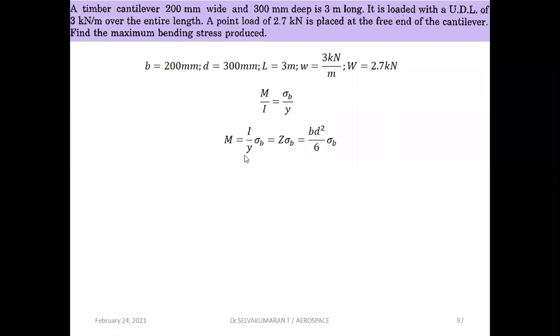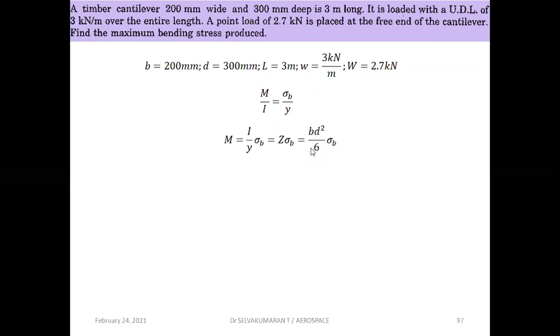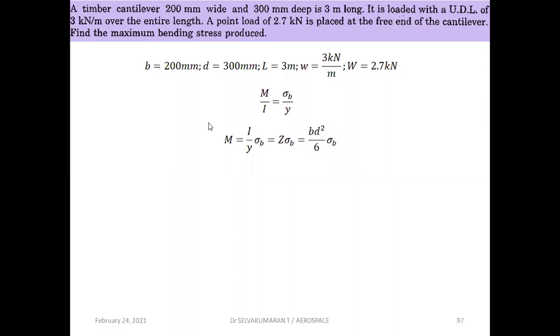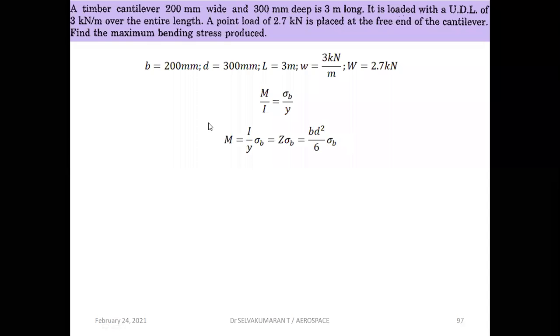So this is the formula. I have written it in terms of section modulus, where I by y is the section modulus, which is nothing but BD square by 6, so that it would be easy for us to solve the problem. So M is equal to Z into sigma b, where Z is BD square by 6 for a rectangular section.